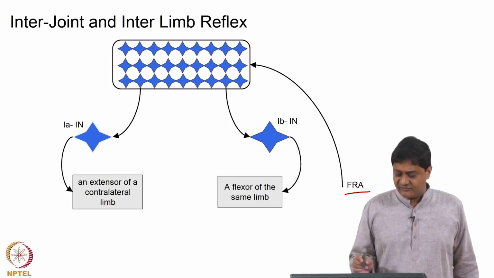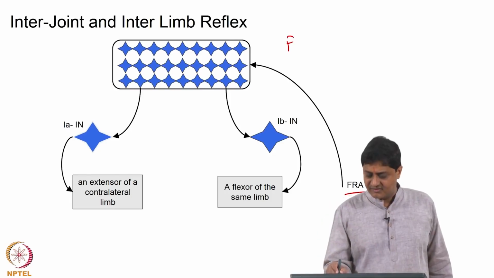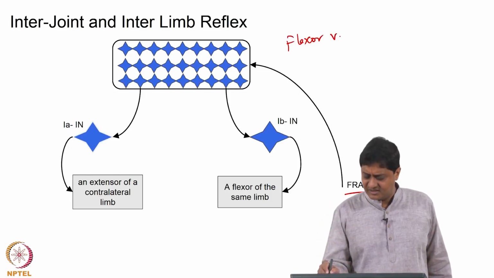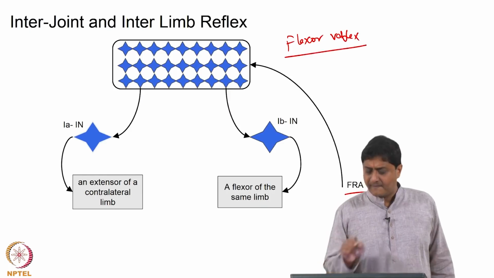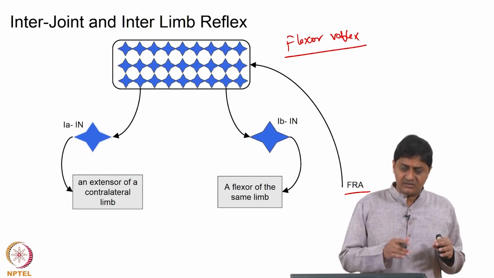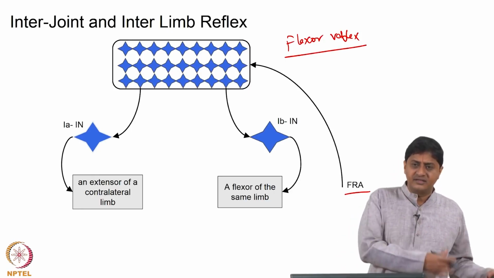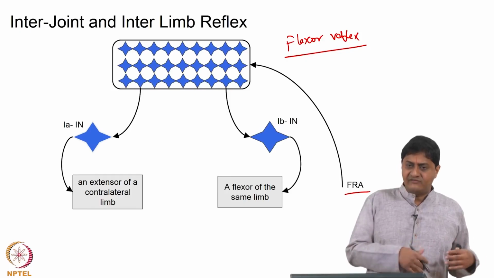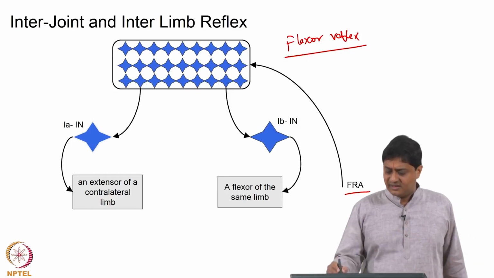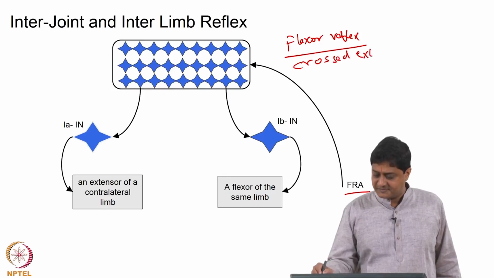So this phenomenon where a flexor is withdrawn is called a flexor reflex, which we have seen earlier, and a relatively concomitant, simultaneous extension of the other limb is called a crossed extension reflex.